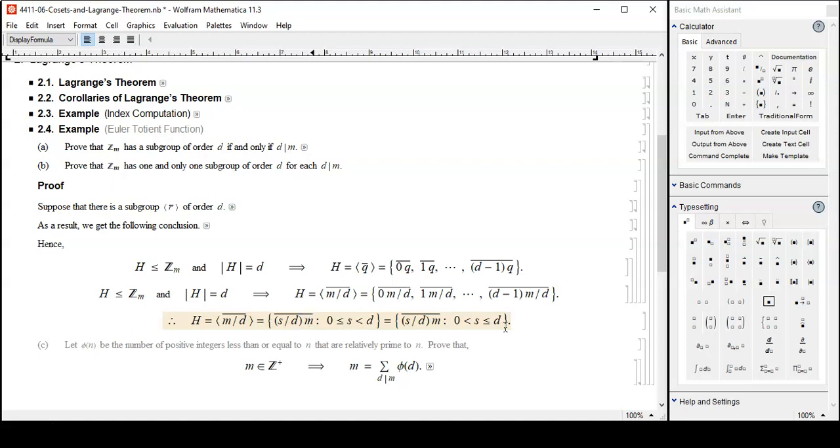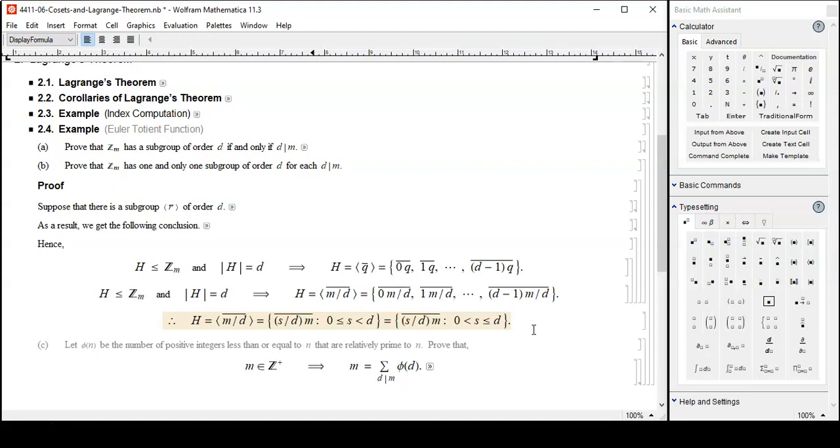So that particular fraction will generate a proper subgroup of H, not the entire H of order d. So it'll generate a proper subgroup of some order which is less than d, which is actually a divisor, because of Lagrange's theorem. It should be a divisor too.